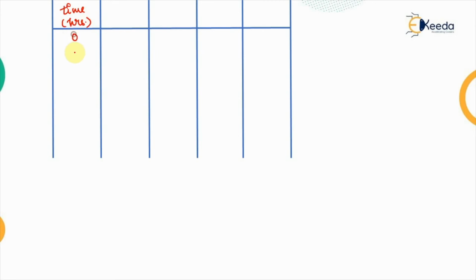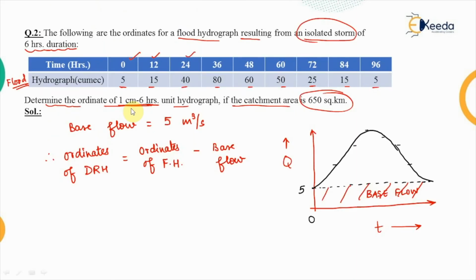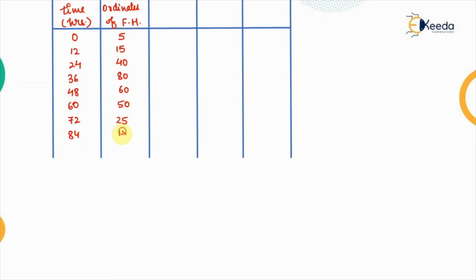We have started at 0, then 12, 24, 36, then 48, 60, then 72, then 84. Then the ordinates of the flood hydrograph are 5, then 15, then 40, then 80, then 60, then 50, then 25, then 15, and lastly for 96 it is 5.